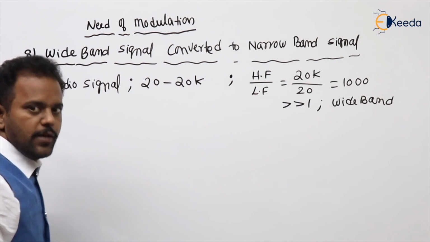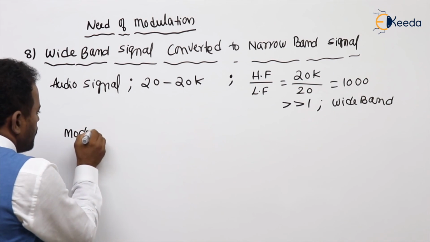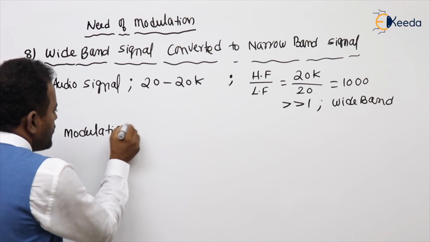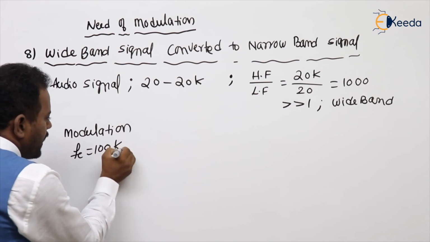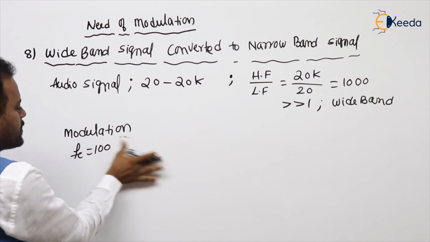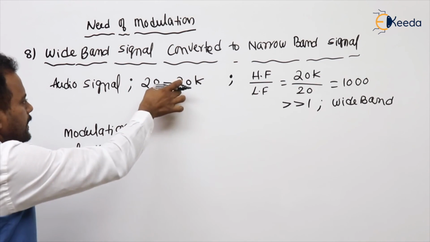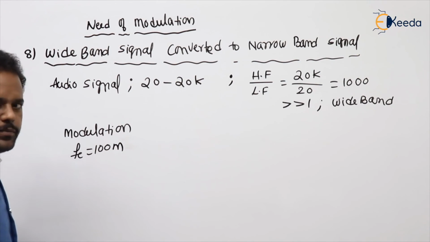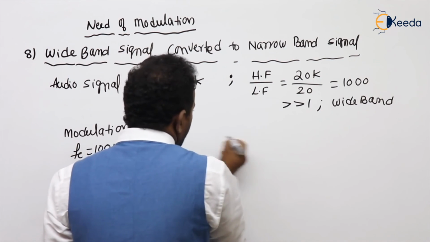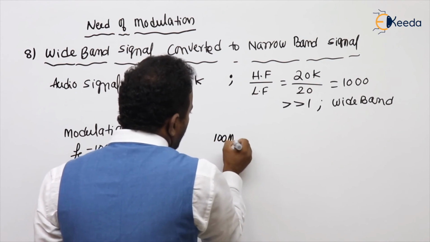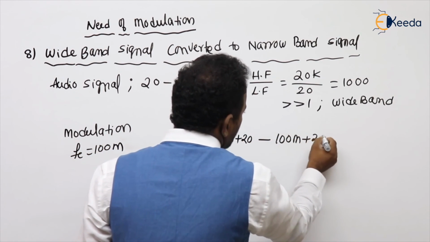Now, listen first, then you will get the clarity. Now what I am doing is modulation. Modulation means, as I told, frequency translation. I am using a carrier frequency of, for example, 100 mega, because in an FM station the carrier frequency is 100 mega. Means this is shifted to 100 mega. Are you getting my point? So this is shifted to 100 mega means I can say 100 mega plus 20, up to 100 mega plus 20K.